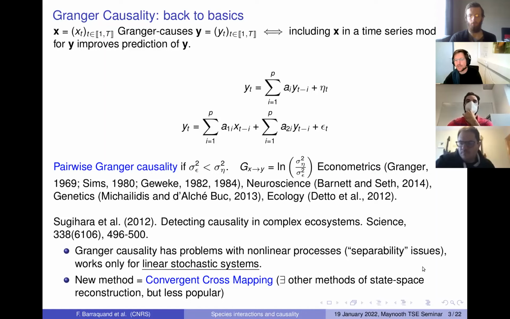So they talked a little bit about separability issues, that you cannot separate this information contained within X or contained within Y, but I prefer to talk perhaps about entanglement between the state variables, because separability has many different meanings in mathematics, and it wasn't made precise exactly what it means here.